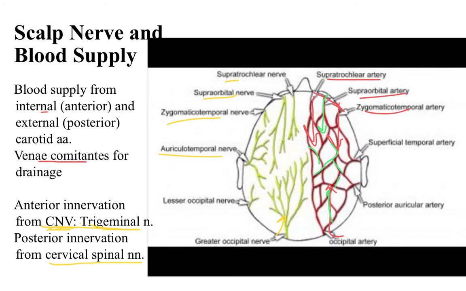And as we've seen in other areas of the body, the reason why we have these anastomoses is that, let's say, the external carotid artery is compromised somehow on the right side, well then the internal carotid artery can still supply blood to the scalp in the absence of what's coming from the external carotid artery.